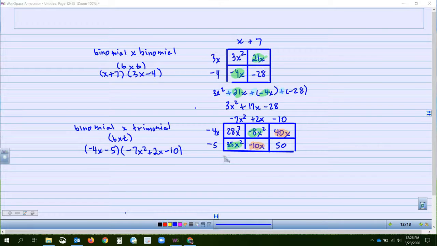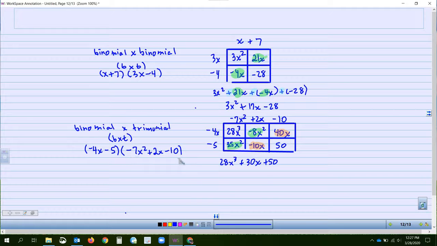So I have 28x to the third power. I'm going to just add these together and not write it down separately like I did up here. So I have 40 positive x's and 10 negative x's. 40 minus 10 gives me 30x. And hanging out over here by himself is 50.